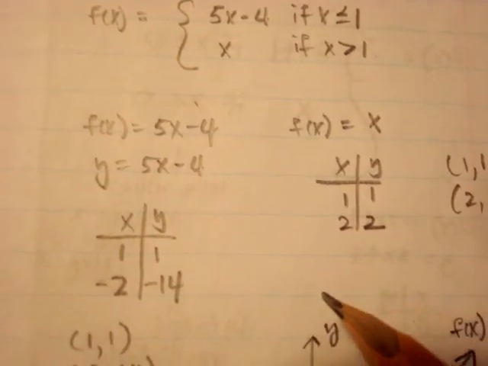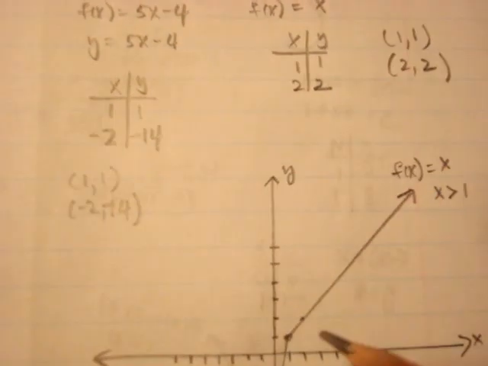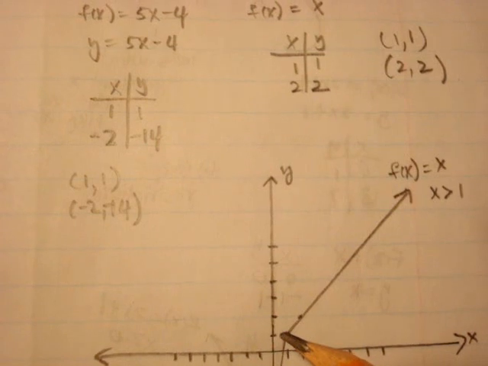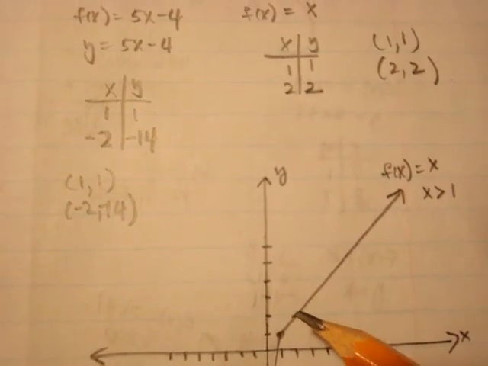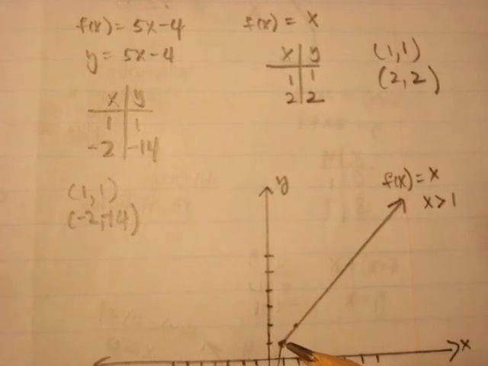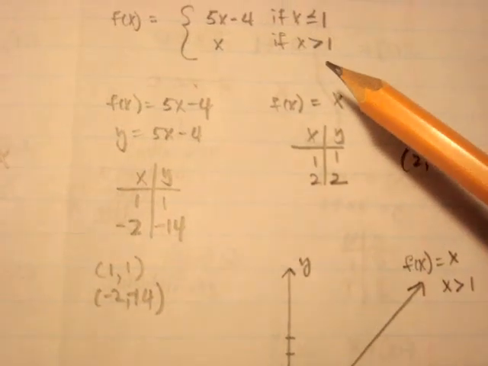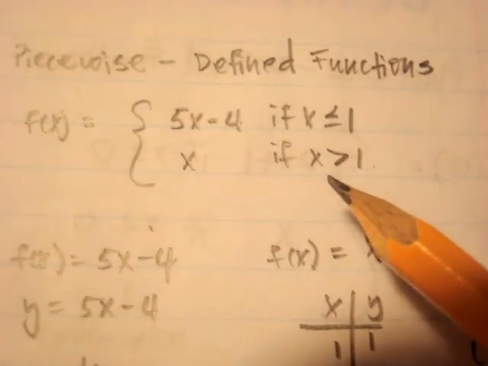So to graph it, for this function, I'll go 1 to the right and then up 1. The second point is 2 to the right and up 2. And it should be an open circle right here, because the given says x is greater than 1 without an equal sign.